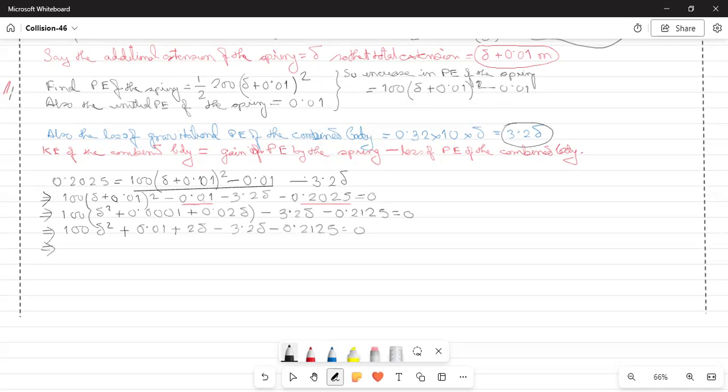From there we find 100 delta square minus, now how many deltas we have? We have 2 delta here and minus 3.2 delta. So it is equal to minus 1.2 delta. Minus, now once again, we have 0.01 plus, and this is minus.